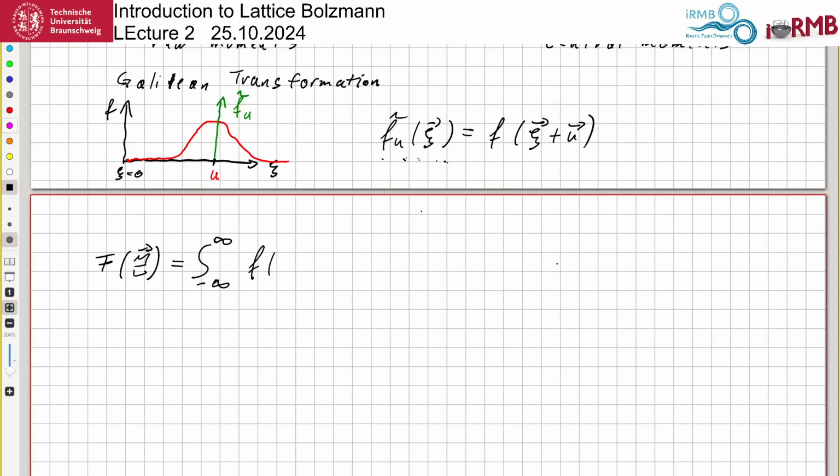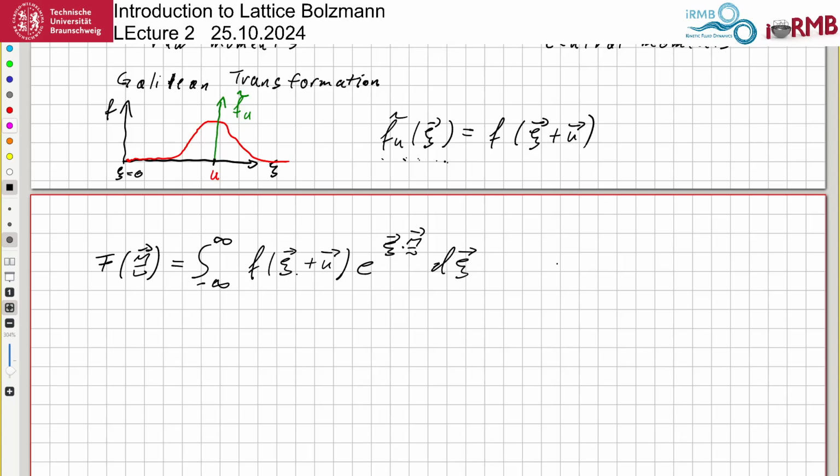So this is obviously the same as this here, e to the power of xi times the other xi, d xi. Since everything in this integral goes from minus infinity to infinity, we can shift the entire integral by the velocity without changing anything.